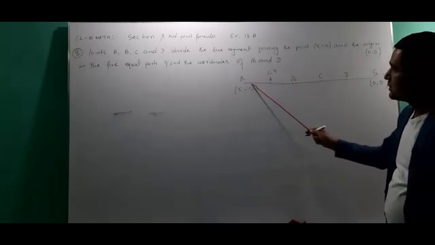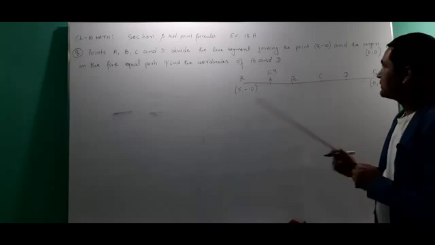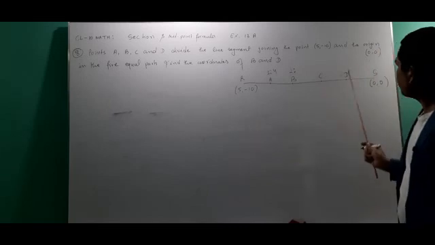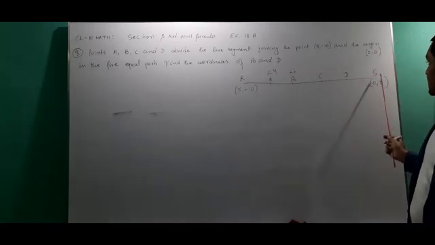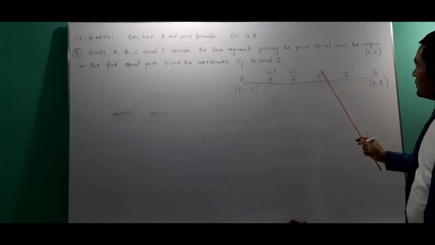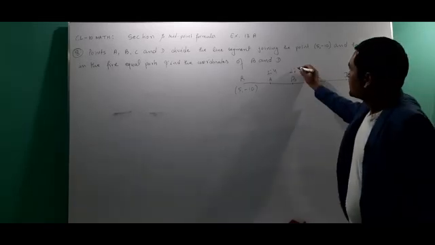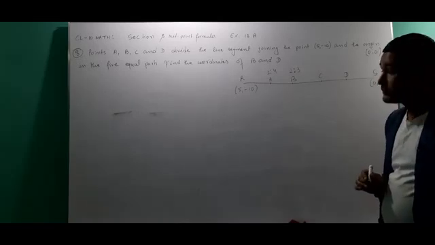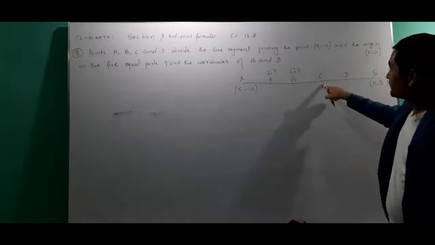Similarly, what is the ratio of B? From R, 1, 2 pieces. Then from S, from this right end, how many pieces? 1, 2, 3. So the ratio of B is 2:3. Then what is the ratio of C?